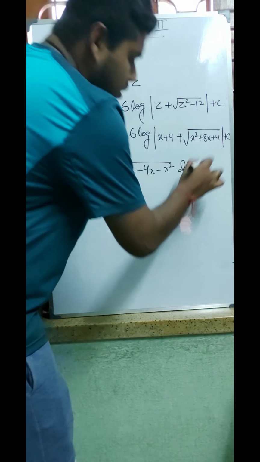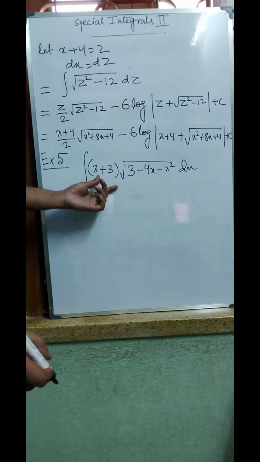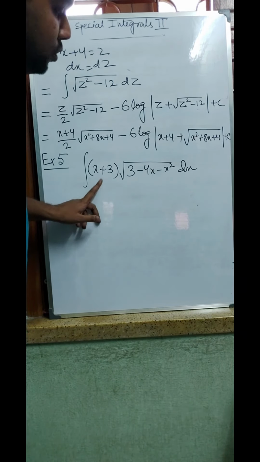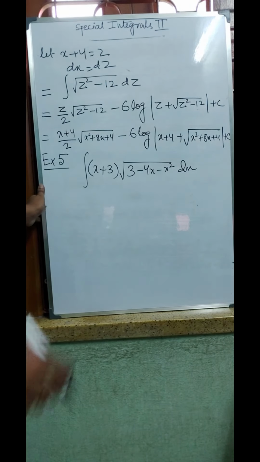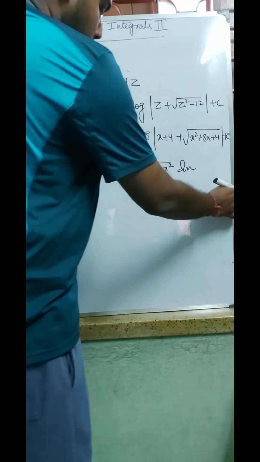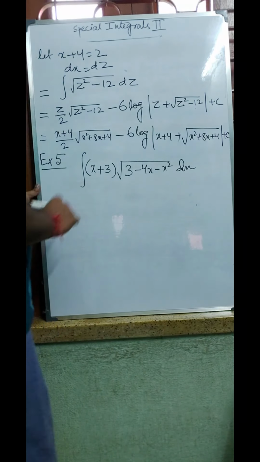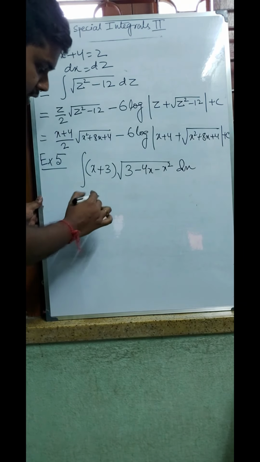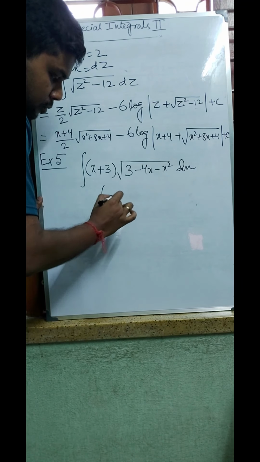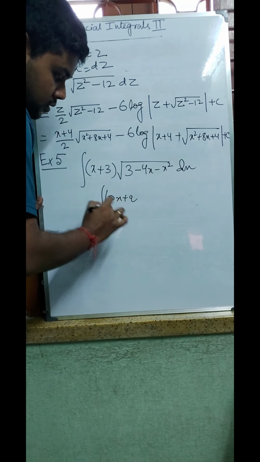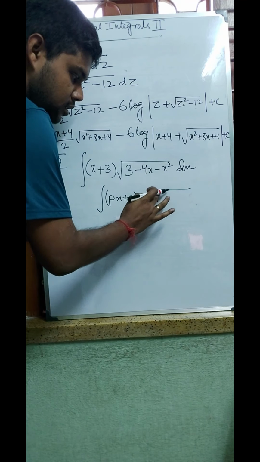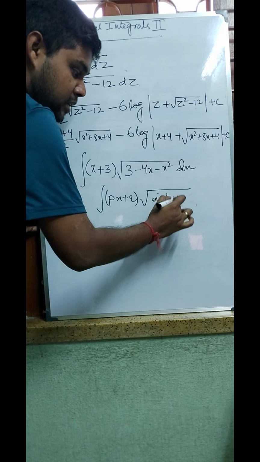Now till the previous problem there was nothing outside, but from this problem onwards there is something outside. So we have to deal with this something outside. So before we deal with this something outside, let us see, this integration is actually in the form px plus q into integration of ax square plus bx plus c.